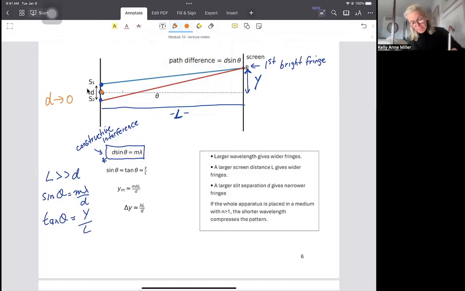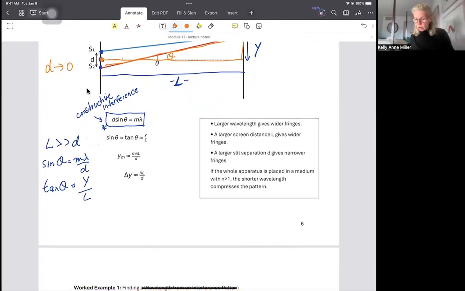The only triangle that matters is that one. So if this is theta, then tan theta is just y, the opposite, over the adjacent, the distance from the screen to the slits.